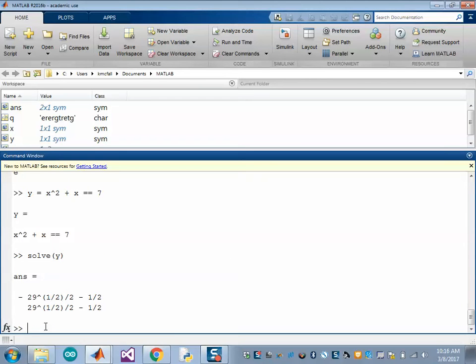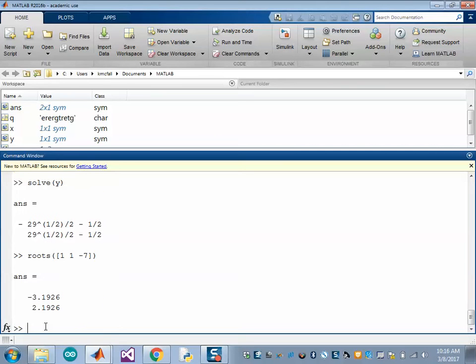Those are the two results of solving y, the two roots of that polynomial x squared plus x equals 7. There's actually another way I can solve for the roots. I can pass to it the coefficients of my polynomial.